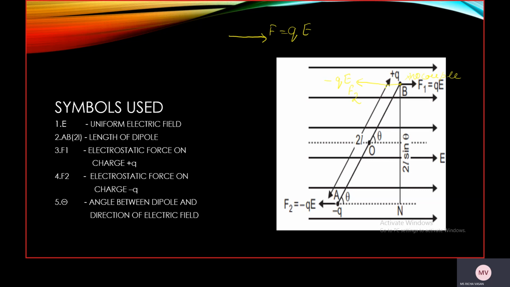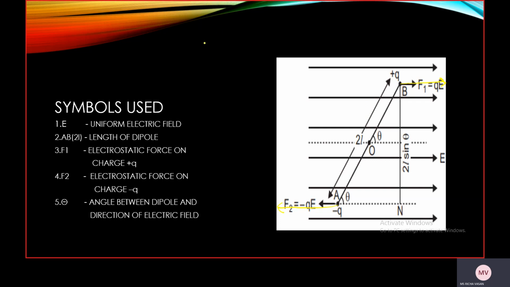Because their line of action is the same. But in the case of a dipole placed in a uniform electric field, the line of action of F1 is this and the line of action of F2 is this. So these two forces cancel out each other in magnitude, but as their lines of action are different, they will form a couple.